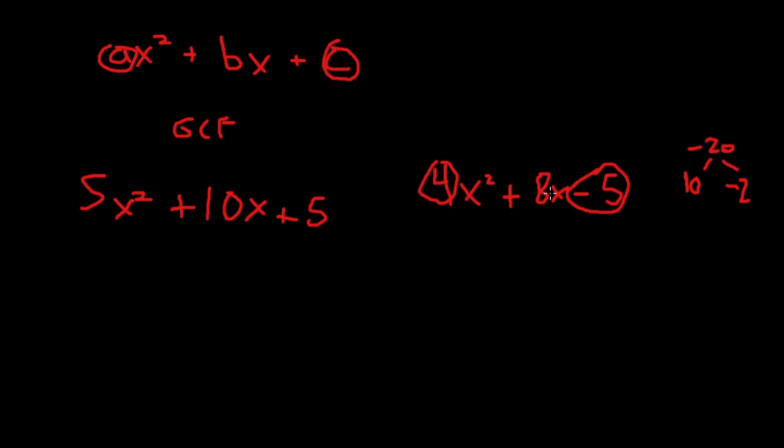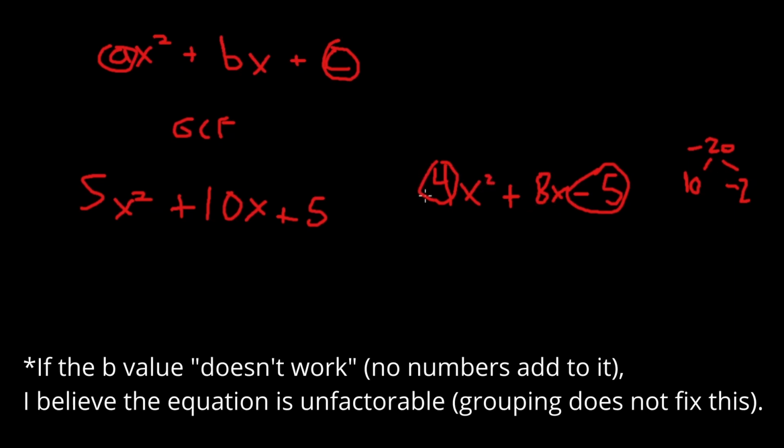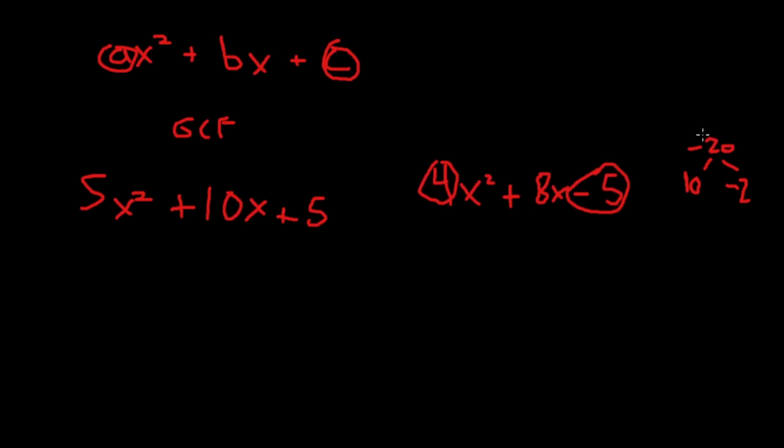So what grouping is basically, when we have a B value that doesn't work, or when we have an A that isn't 1, this whole A times C thing technically works, but we also have to do grouping to get the right answer. So I'll show you why.